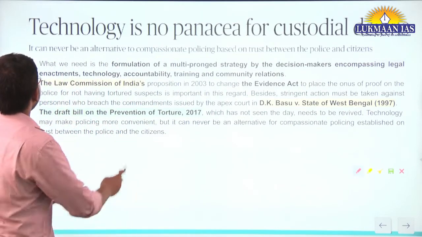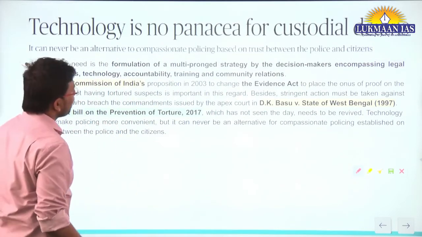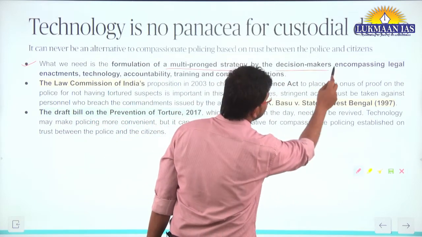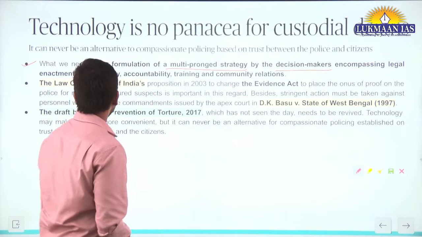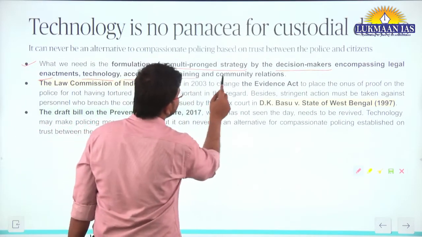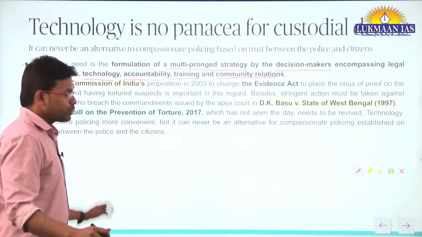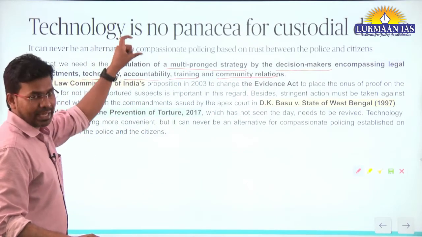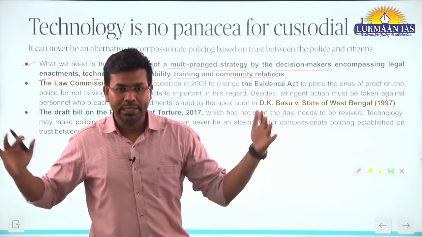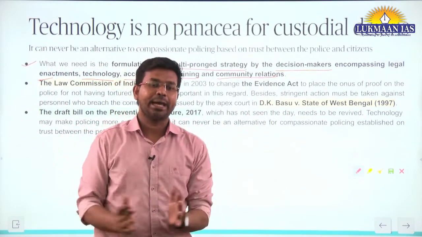Apart from this, what we need is the formulation of a multi-pronged strategy by the decision makers, encompassing legal enactments, technology, accountability, training and community relations. This line summarizes the entire article. It says we need a multi-pronged approach, approaches from multiple dimensions.